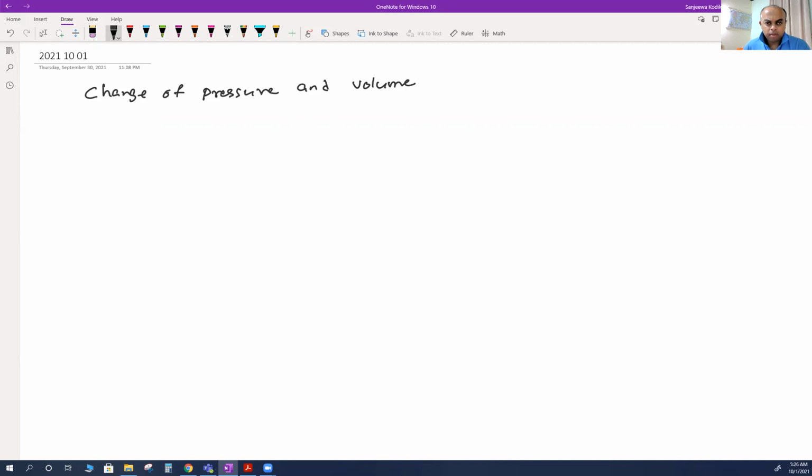Now, let's say we have a gaseous equilibrium, something like this: N2 gas plus H2 gas, giving NH3 gas. I'm just giving an example.